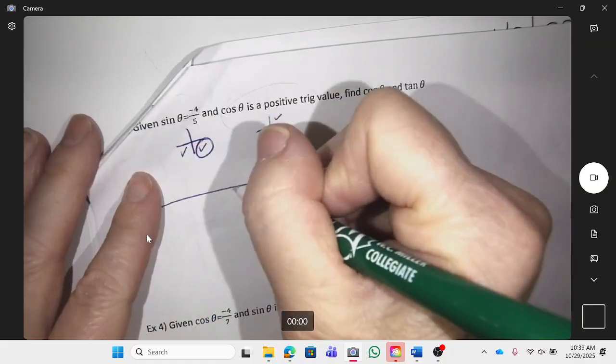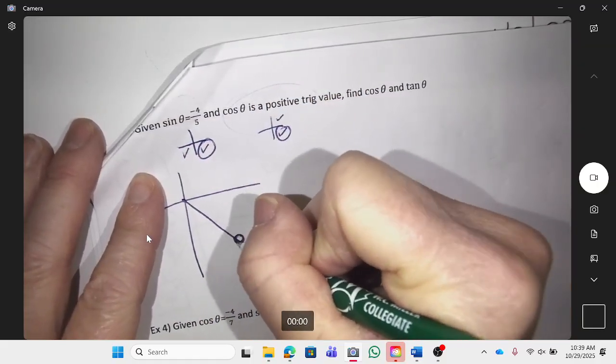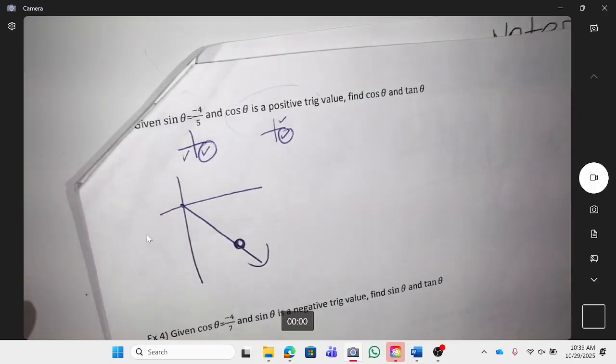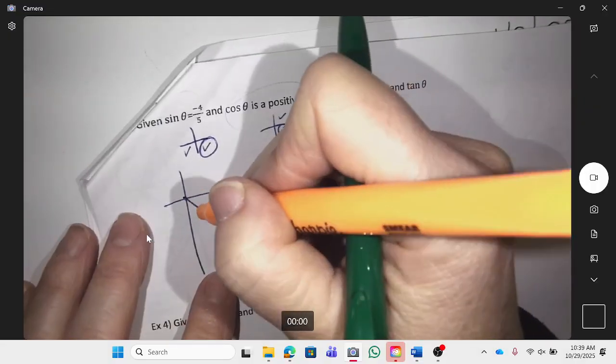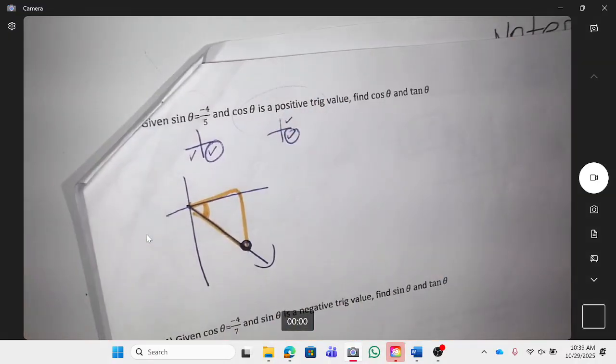All right, so I'm going to draw myself. I don't really know where exactly. I'm just going to draw quadrant 4. I'm going to connect my triangle to an x-axis like that.